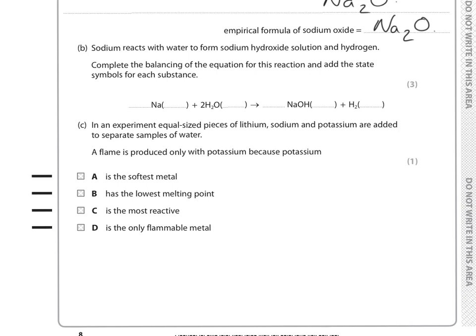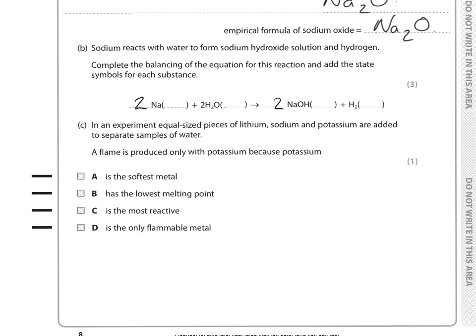I'm going to need 2 NaOH because I've got 2 oxygens on the left hand side. I need 2 oxygens on the right hand side. That gives me a total of 4 hydrogens on the right hand side. I've got 4 hydrogens on the right hand side, but I need 2 sodiums.